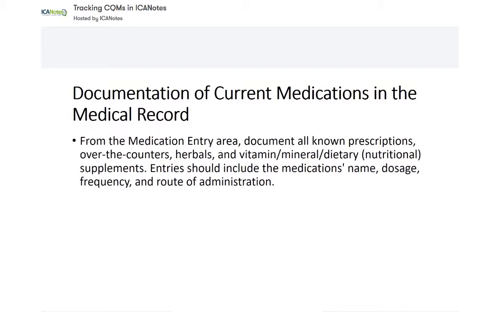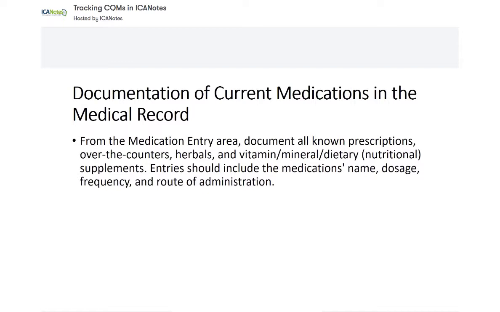This means you're documenting everything. The measure description is for the percentage of visits for patients aged 18 and older for which the eligible professional attests to documenting a list of current medications, and you're going to use all immediate resources available on the date of the encounter to get that.